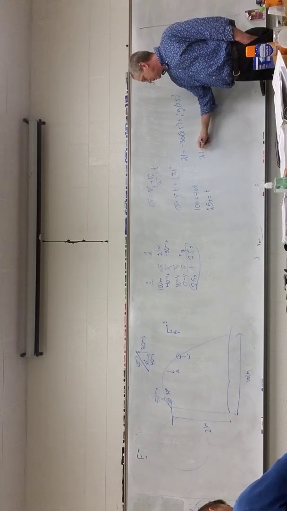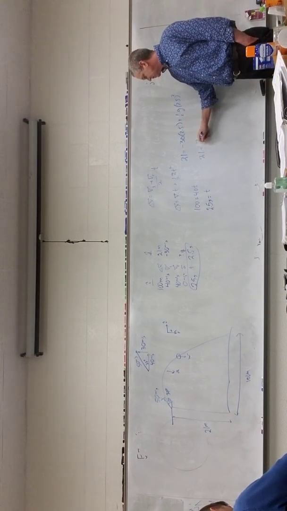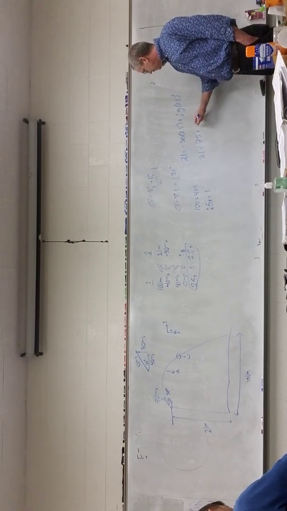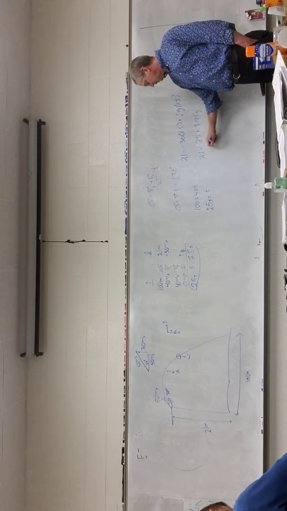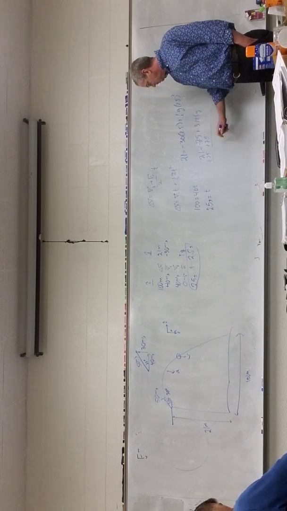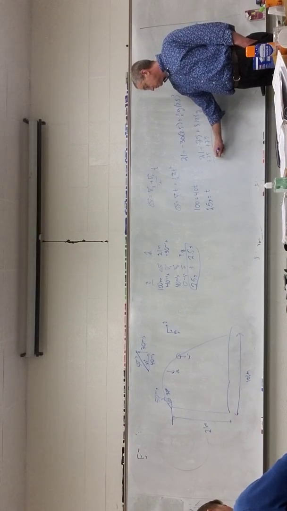So 21 equals, let's see, negative 75 plus, that's 6.25, so 3.125 G. Add 75 to both sides. So I got 3.125 G equals 96.